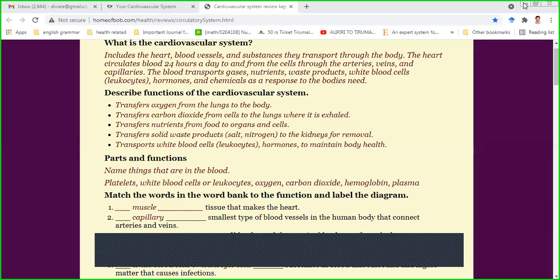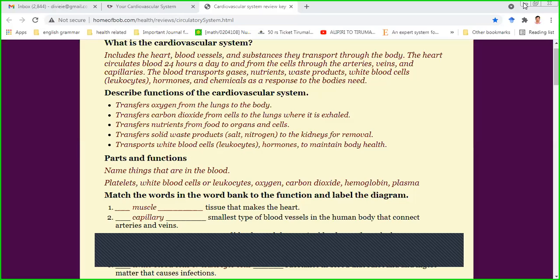On the right side we have 2 chambers: the right atrium, the topmost chamber, and the right ventricle below it. Likewise, the left atrium and left ventricle. The left heart and right heart are separated. First we will see how the heart pumps the blood.